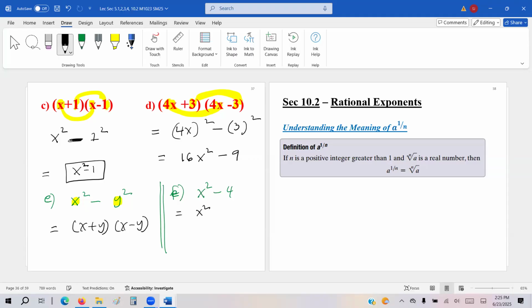So we have x squared minus 2 squared. Now we have a power and minus between them. So what are the two factors we have? x plus 2, x minus 2. The order doesn't matter, you multiply.